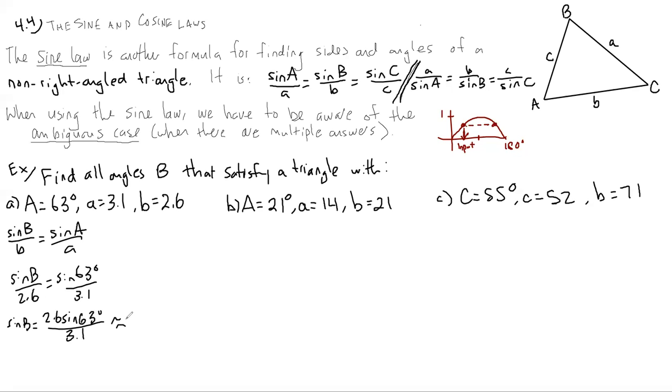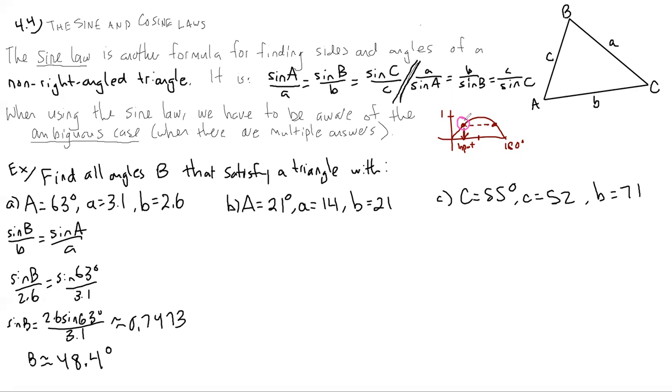Divided by 3.1 is 0.7473. And I'm going to use the inverse sine to solve for that. And I get 48.3 degrees, actually 48.4 if I round that up. And so using the sine law, as I mentioned, sometimes we can have two answers.